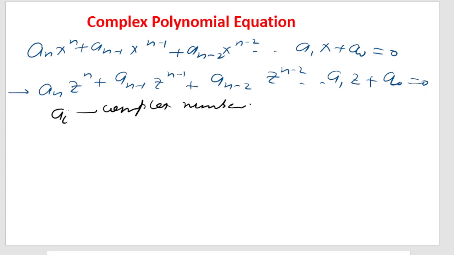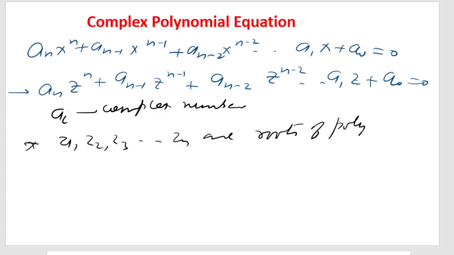And the method of solution is exactly the same, valid as in the real polynomial. Let's say z1, z2, z3 up to zn are the roots of the polynomial equation.